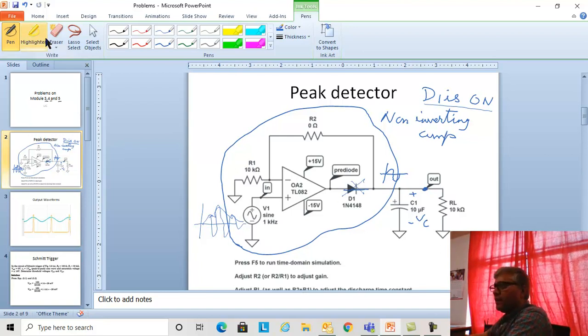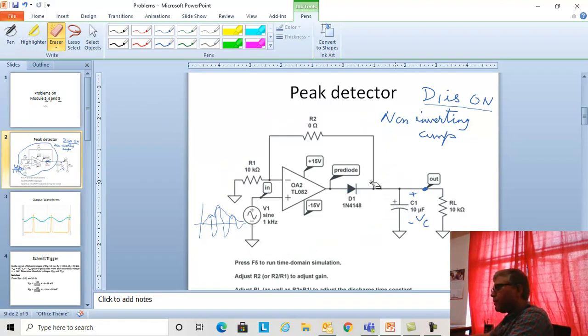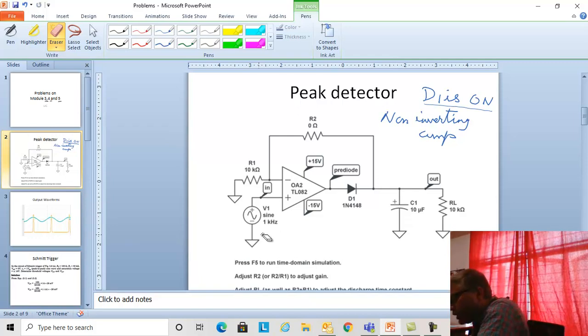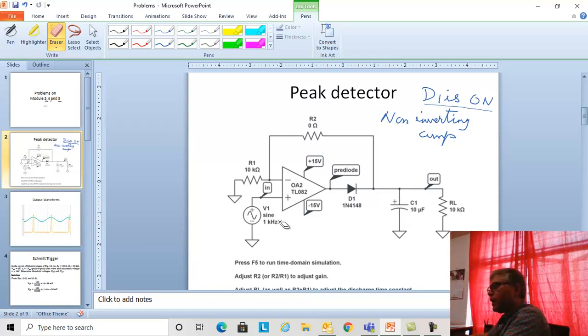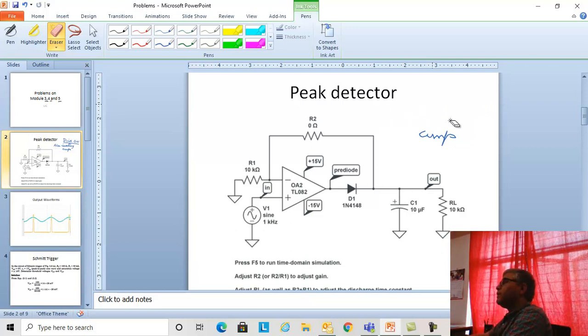The main aim of this design problem is that they are asking you to draw the output waveform. A sine waveform is given, so you need to draw the output waveform. You need to identify this 1 kilohertz sine waveform. No amplitude is given, so you need to assume one. If no amplitude is given to you, just assume a specific peak value of the sine wave, Vm.